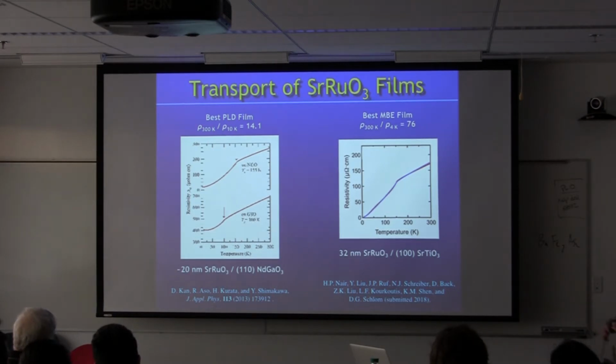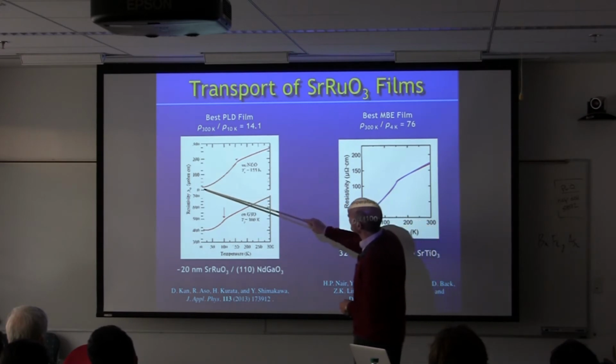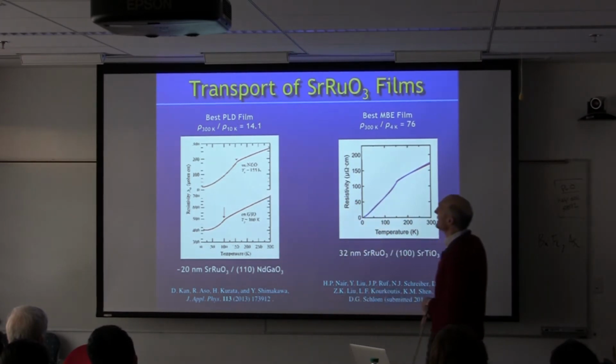Let's have a shameless comparison of what the best transport properties are in, and I chose strontium ruthenate here, from different techniques. On the left, I've shown the best result ever reported in the literature for the resistivity ratio between room temperature and low temperature in a strontium ruthenate film that's made by pulsed laser deposition.